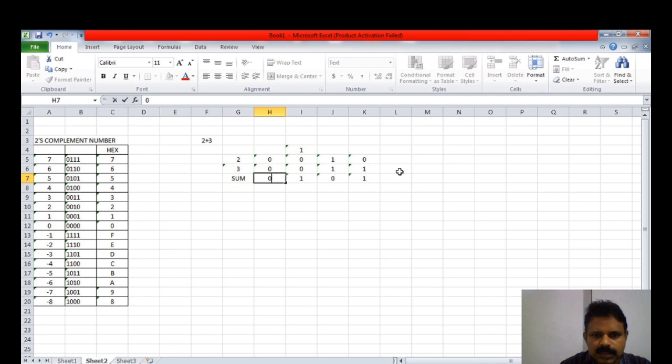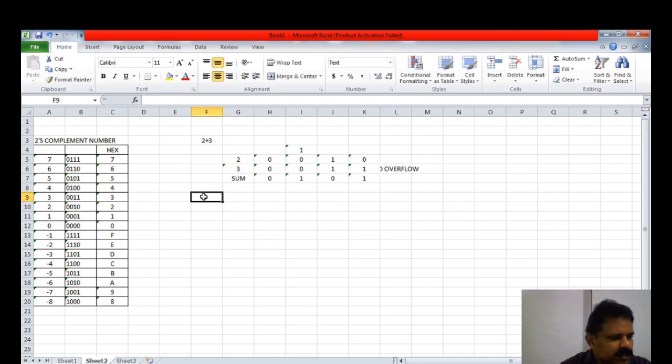This is 2 plus 3, and the result is 0 1 0 1. Answer is 5. So the result is within the range -8 to +7, so there is no overflow.